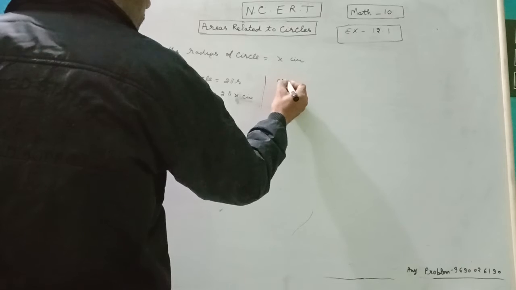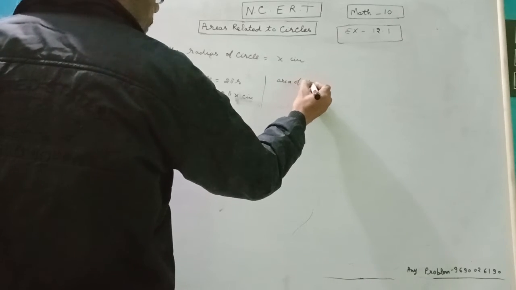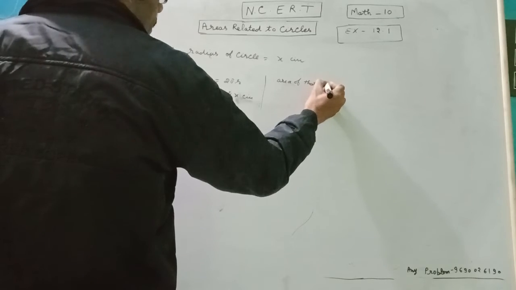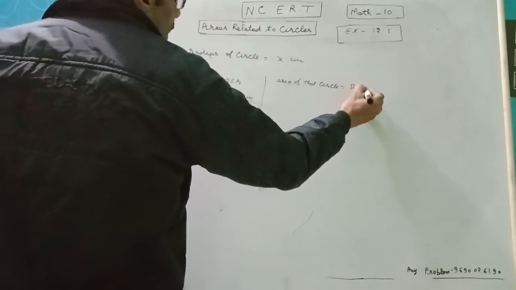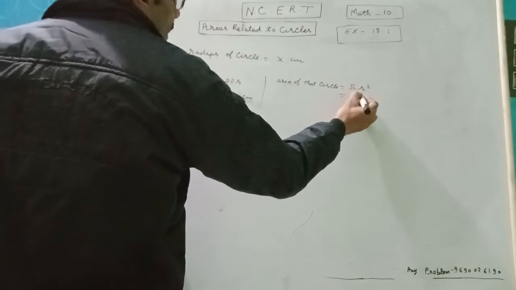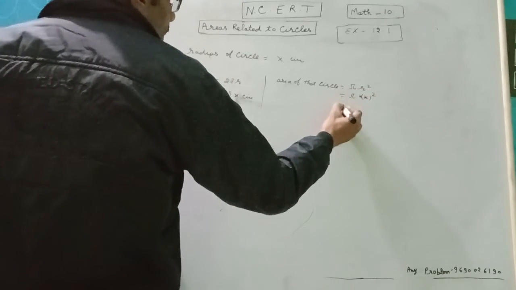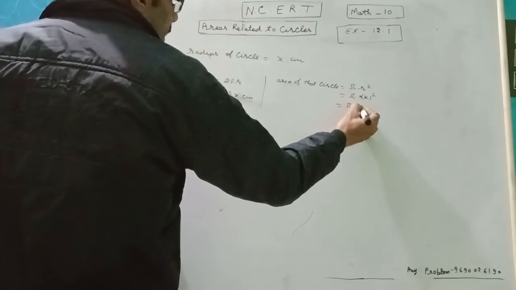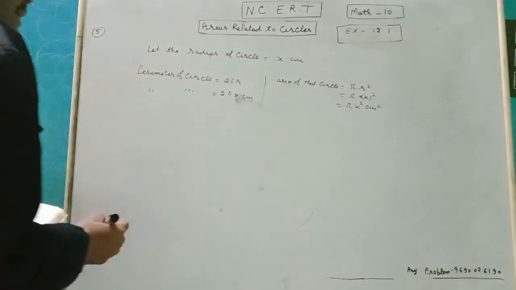Then the area of that circle is pi r square, and with r equal to x, pi x square cm square is the area of the circle.